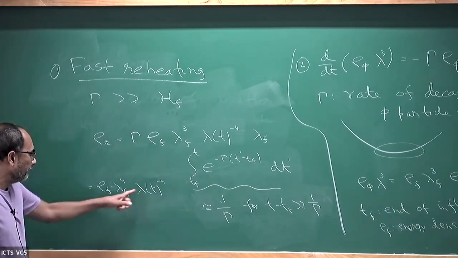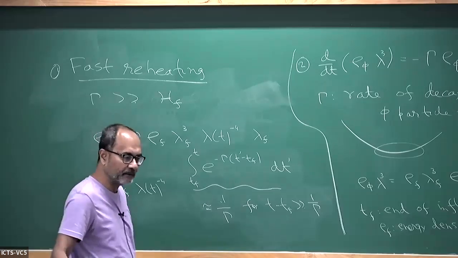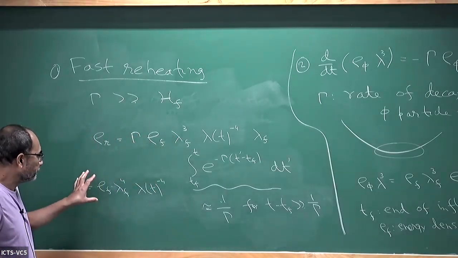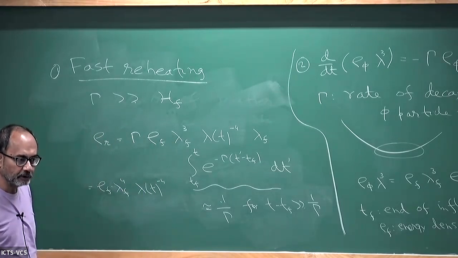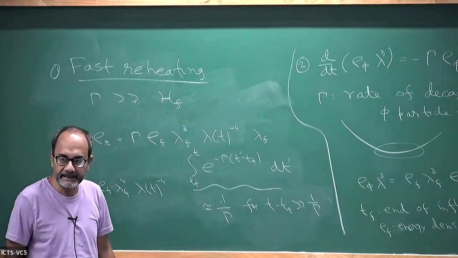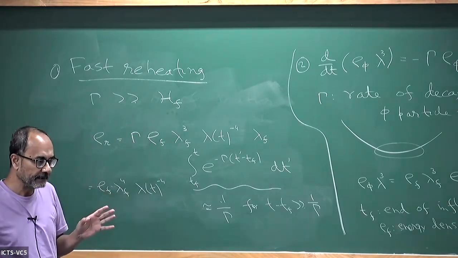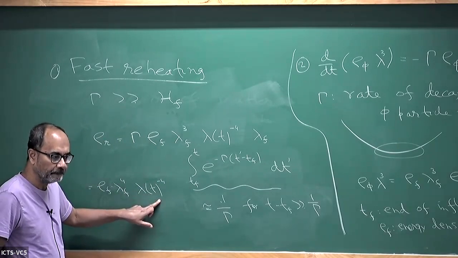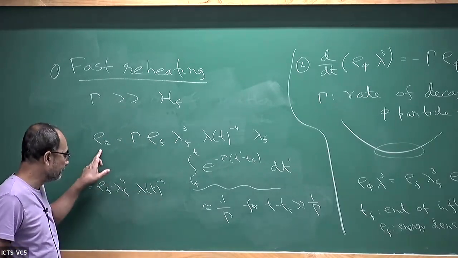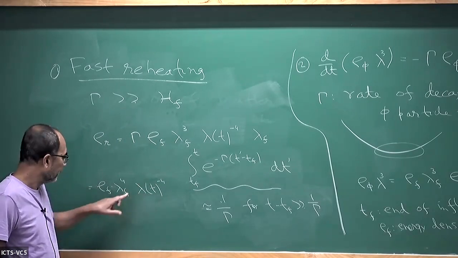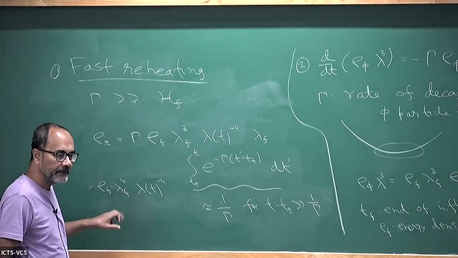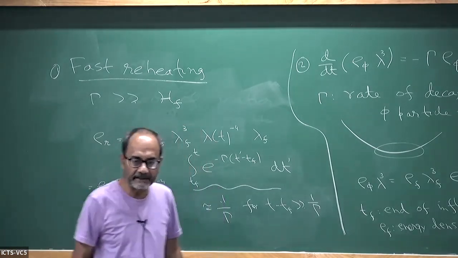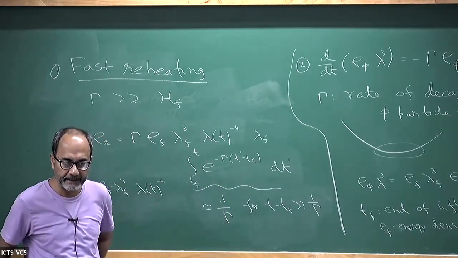So this is basically telling us what we could have guessed otherwise anyway, that it's as if the entire energy density got converted to radiation immediately, and then it started falling off as 1 over lambda t to the 4. Because this is basically telling us rho r lambda t to the 4 is rho f lambda f to the 4. So it's as if you had radiation from the beginning. The matter part just happens very fast, that matter gets converted to radiation.